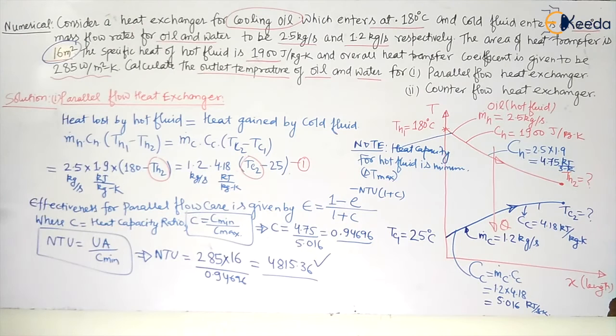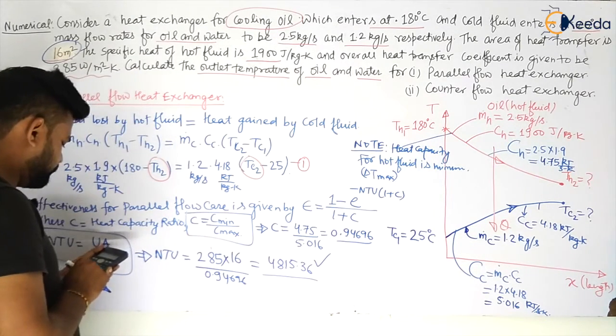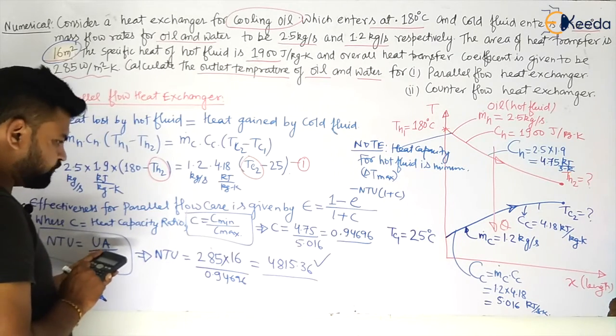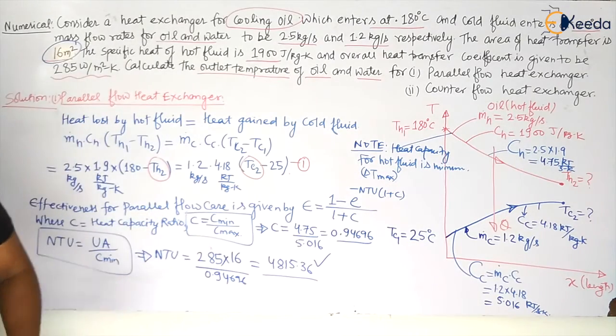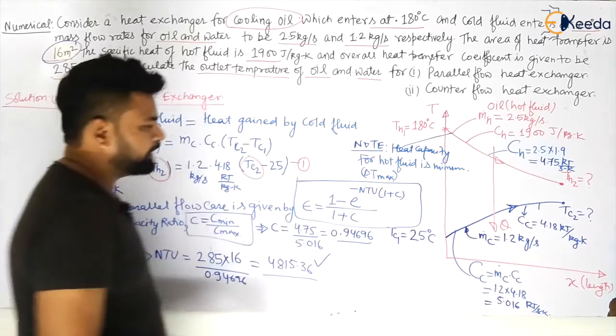Let me calculate again: 16 divided by 0.94696, very good. So this is 4815.4, my dear students. Now we know the NTU for the parallel flow case.